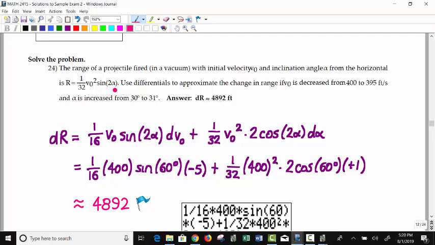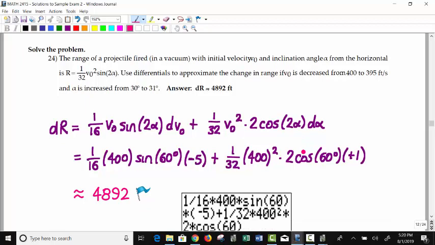The derivative of sine of 2 alpha with respect to alpha: the derivative of sine is cosine, but we have to remember the chain rule to take the derivative of the inside. The derivative of 2 alpha is 2. And so it's 2 cosine 2 alpha, d alpha.